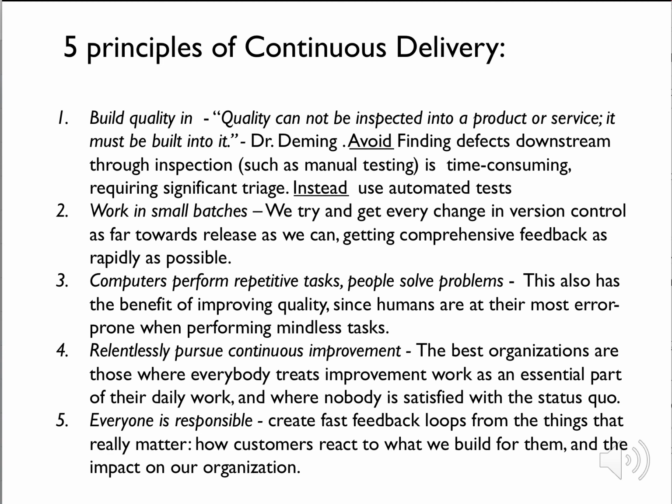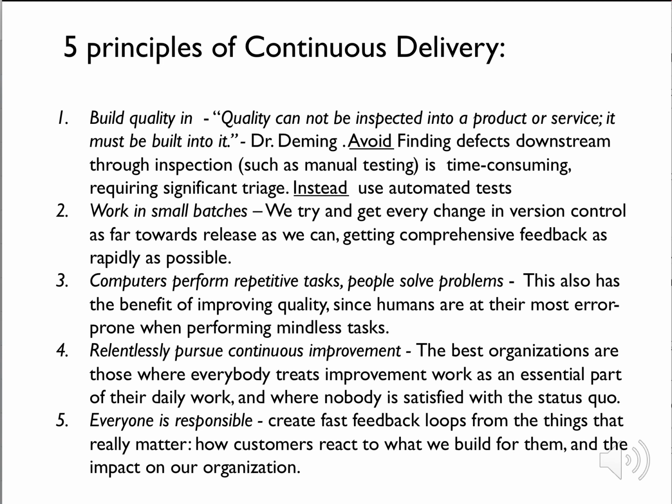We want to take feedback. We want to create fast feedback loops from things that really matter: how customers react to what we build for them. Don't you want to know? Don't developers, product, program management team, everyone want to know what the customer is saying about what we have delivered to them?